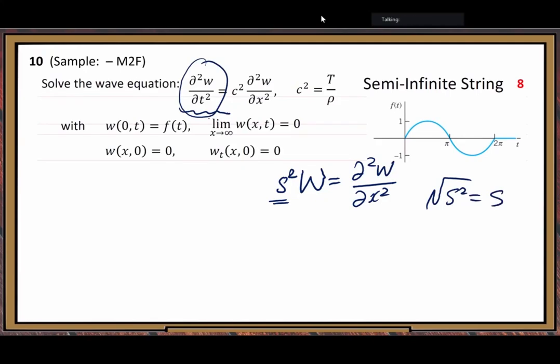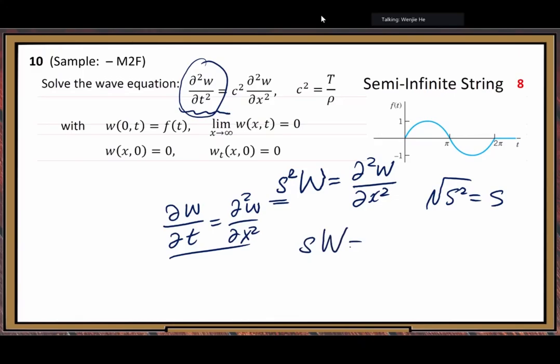But the first partial derivative case is too complicated, because this time we only have s, no square. In this case we need to use the square root of s. Then it is very ugly, you know.